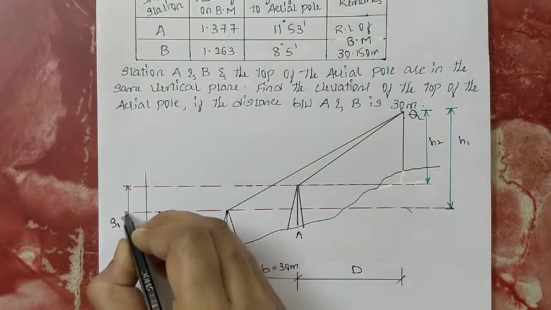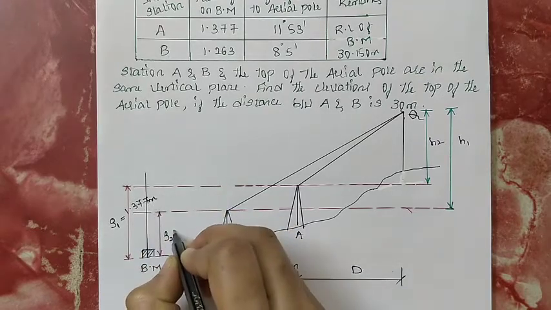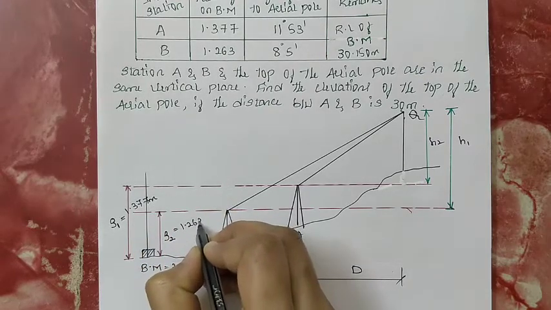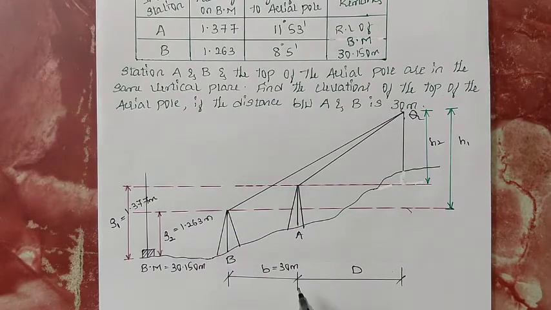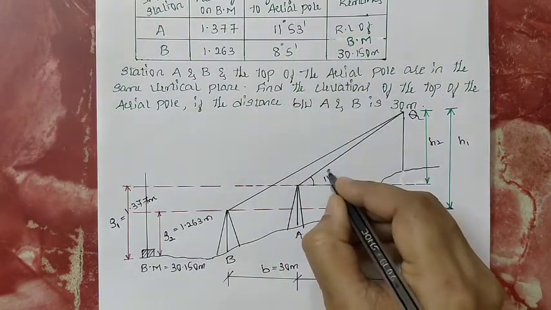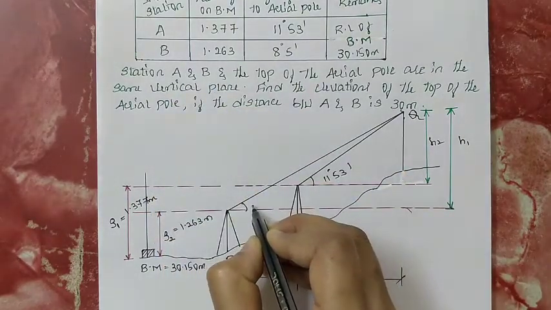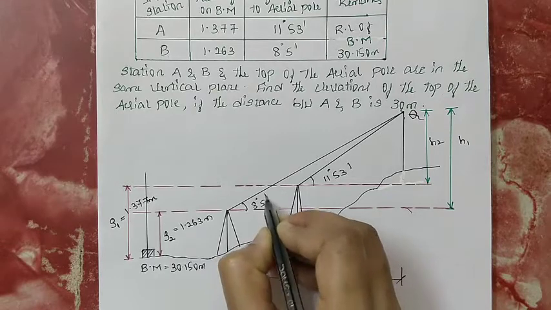S1 is 1.377 meter. Similarly, S2 is 1.263 meter. The angle of elevation when the instrument station is at A is 11 degrees 53 minutes. Similarly, when it is at B, it is 8 degrees 5 minutes.